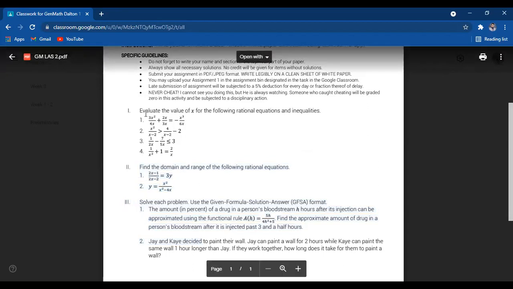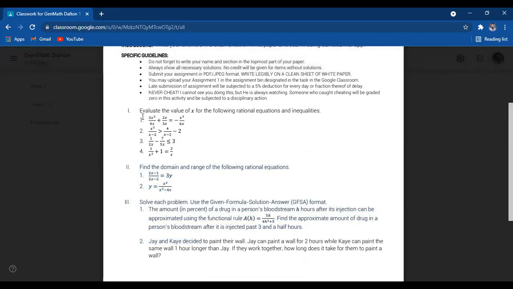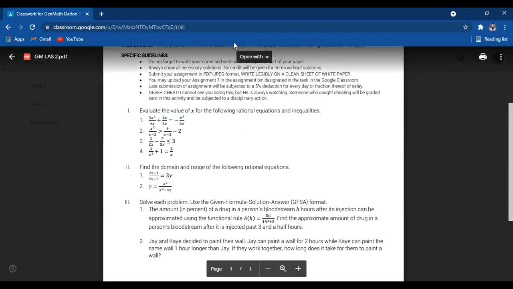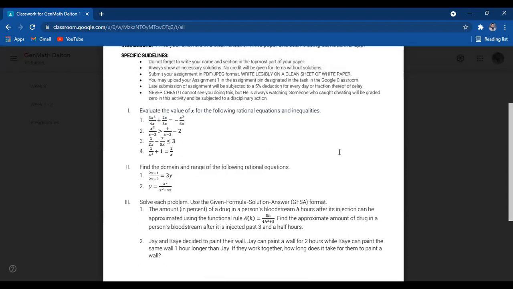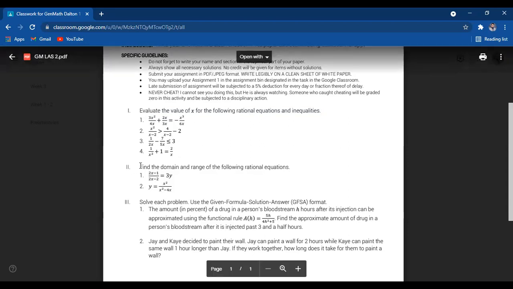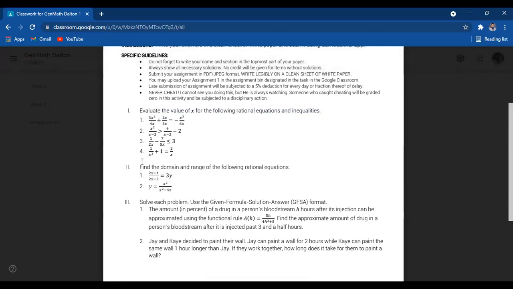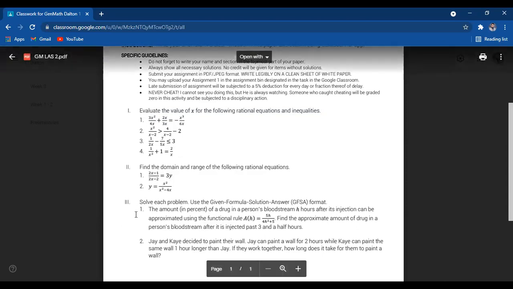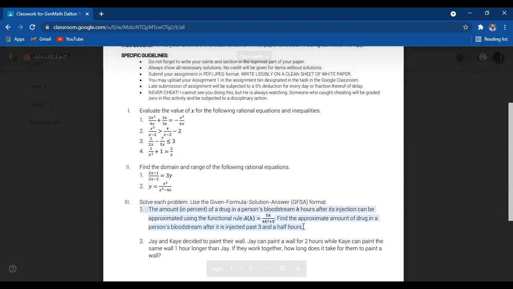Sige, ganito na lang para madali. Kailan nga deadline ito, class? This Saturday, sir. Saturday, okay, sige. Makinig mabuti ha. Lahat ba 35 nandito? Wala namang atang absent. Okay, for part 1, lahat yan kasama. Evaluate the following rational equations and inequalities. For number 2, sige, bonus na natin to kasi tapos na tayo sa domain and range. Bonus na yan ha. Okay, tapos number 3, dito lang tayo sa part 1.